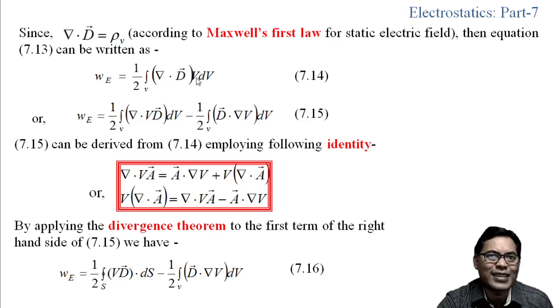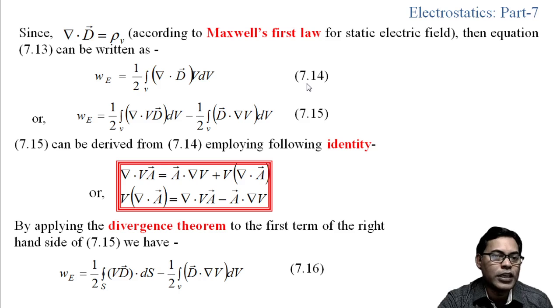So here We equals half of the volume integral of del dot D V dV. This V is a scalar quantity, so you can take this V on the left hand side or the right hand side of the bracket, no problem. From this expression 7.14 we will get 7.15, which is important.